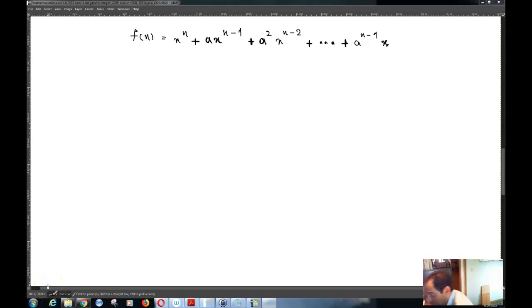Okay, so the next question that we have here is question number 6, which is you want to find the derivative of this function.